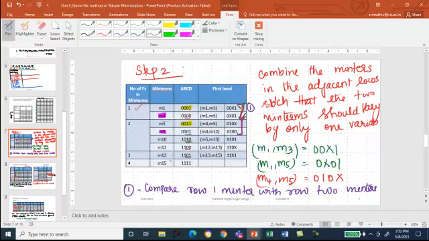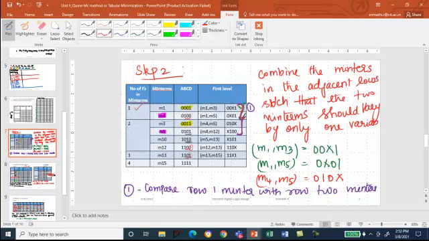Two bit changes not allowed at the first level. Then go ahead with M12 and M13. What is your M12? M12 is 1100 and M13 is 1101, so only one bit changes here.